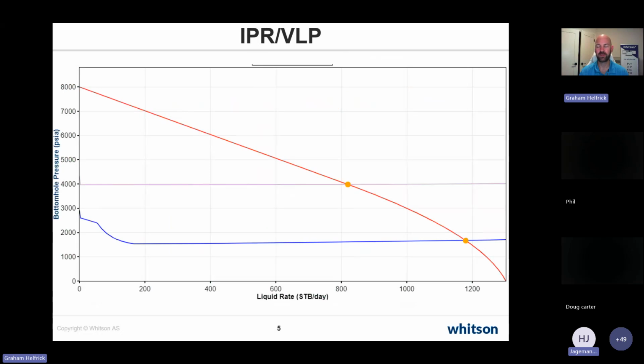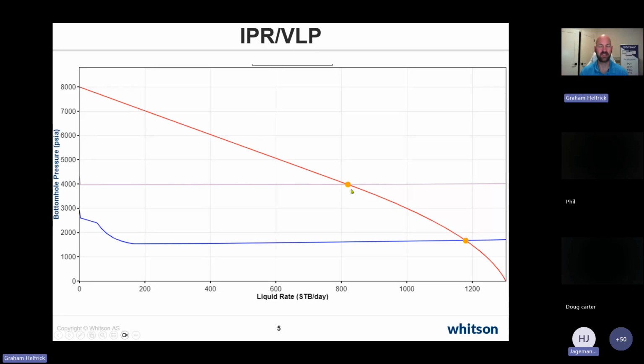We're going to be learning about inflow performance relationships, which is really what is the potential for the well to deliver rate at different bottom hole flowing pressures, and comparing that against the tubing hydraulics, which is sometimes called a VLP, vertical lift performance, or TPC, tubing performance curve. Basically, it's the relationship between the reservoir potential and the wellbore hydraulics.